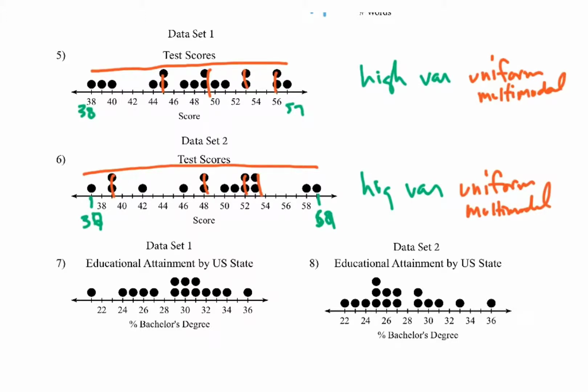Now, for the median, 1, 2, 3, 1, 2, 3, so our median would be 49. It's pretty spread out evenly, so I'd say that's pretty close to what our mean is going to be as well.